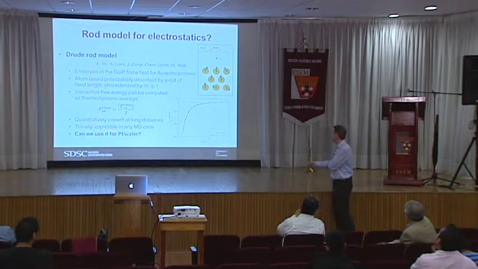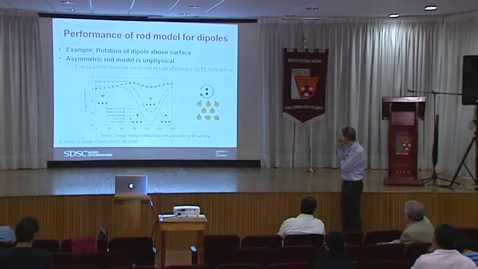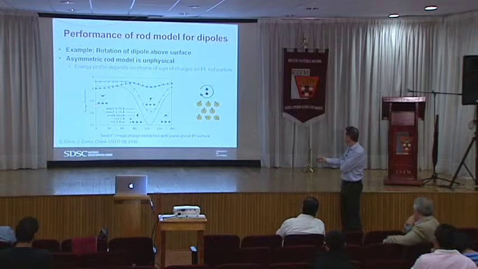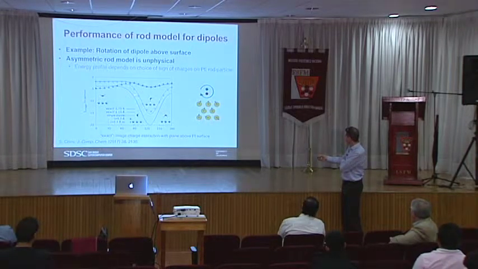And it's trivially applicable in any MD code, but can we use it for platinum and water? What we looked at is, for instance, if you put a water molecule on top of a metal surface, and then you rotate it, it's like rotating a dipole here, right? What you see here is, a priori it's not clear.